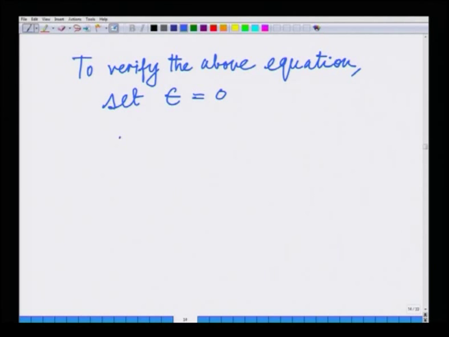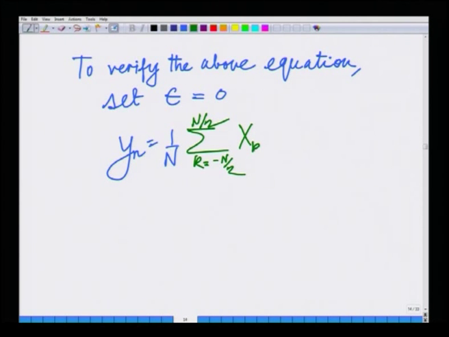What we obtain is y n equals 1 over N summation k equals minus N by 2 to N by 2 x k h k e to the power of j 2 pi n k over N plus w n, where w n is the noise.